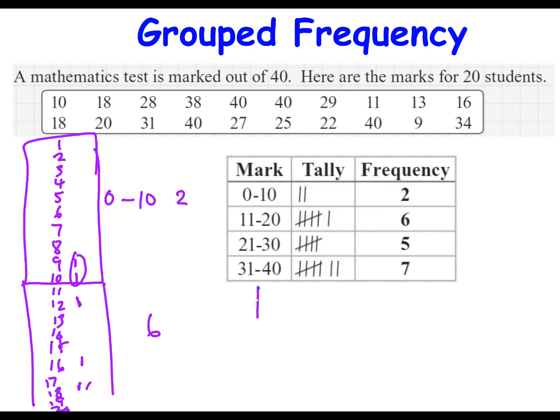So instead of having one number for each of our scores, we group our scores. And don't forget what we said earlier, you make sure you don't overlap the scores. If this was 10 and this was 10 and somebody scored 10, you'd be stuck on where to put it. So make sure the groups don't overlap.